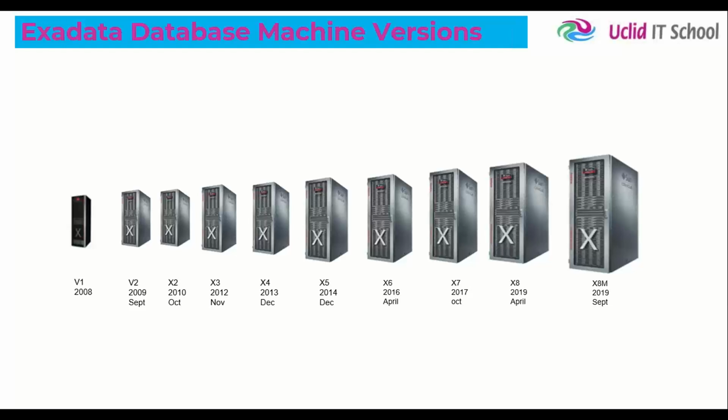Once they had their own servers, their own hardware, Oracle divorced HP and started using Oracle Sun servers. So starting with version 2, the hardware as well as the software is from Oracle. There is no HP hardware now. It is all Oracle. That's why they are all represented in the same color. They all look the same.